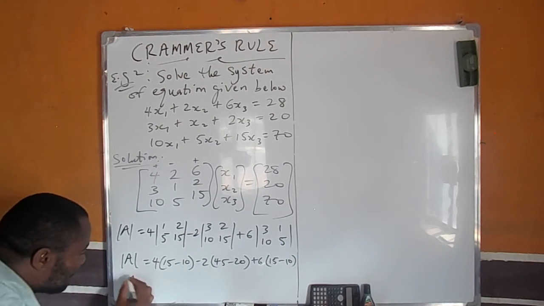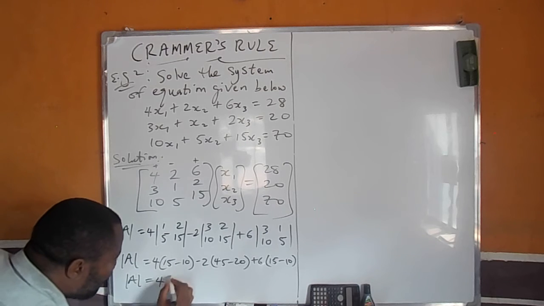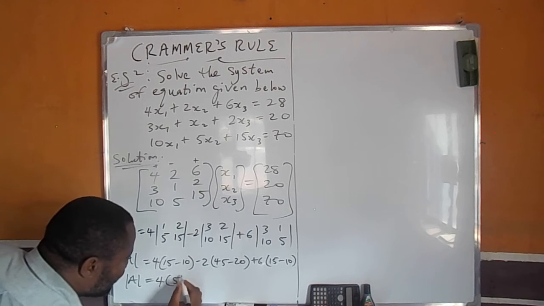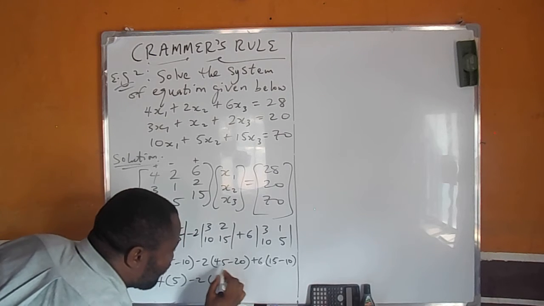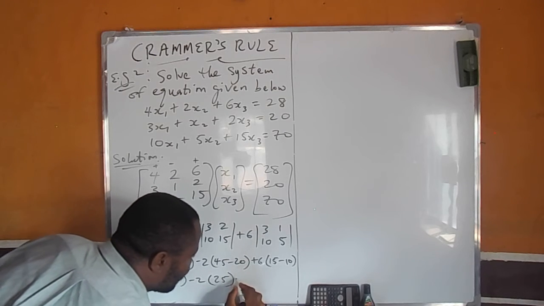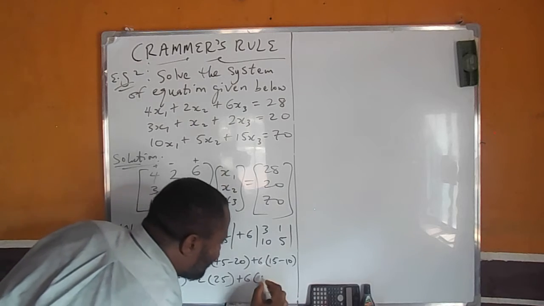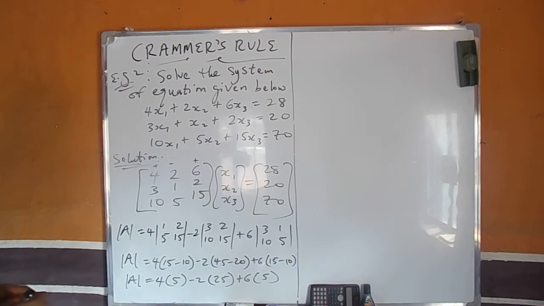Then you now have the determinant of A equals 4 in brackets 15 minus 10, 5, minus 2 bracket open, 45 minus 20, 25, bracket close, plus 6 bracket 15 minus 10, 5.